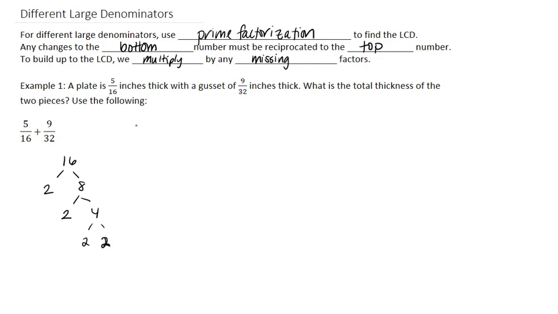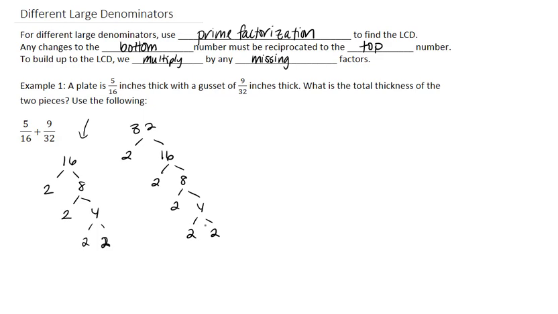Now let's do 32. 32 can be broken down into 2 and 16, because 15 times 2 is 30, and we add another 2, so that's 16. 16 breaks down just like we did here: 2 and 8, 2 and 4, and then 2 and 2.